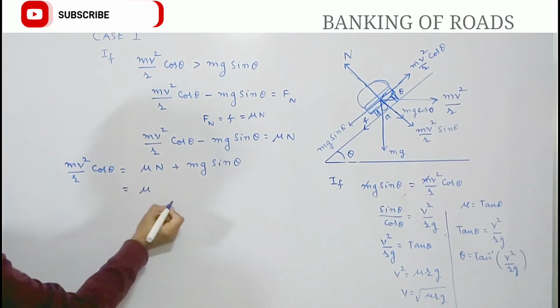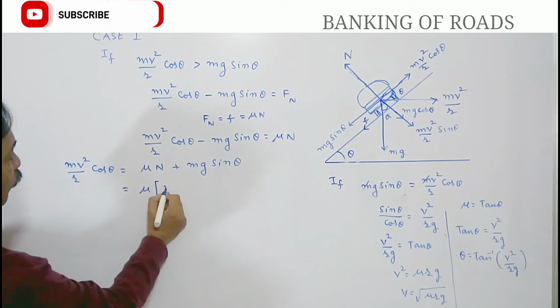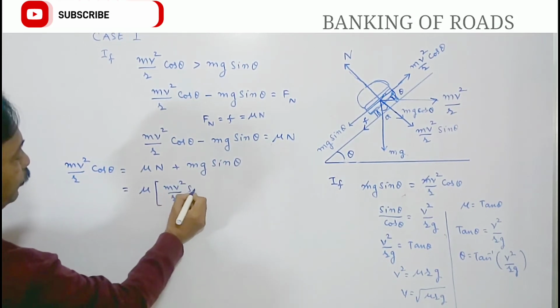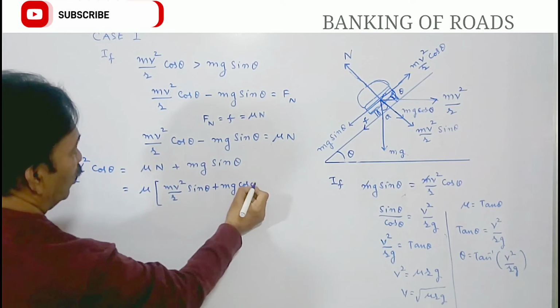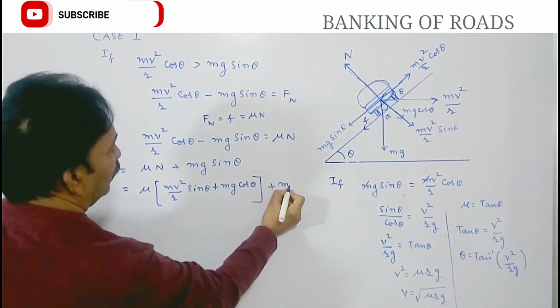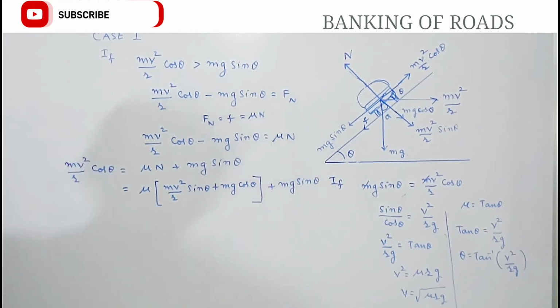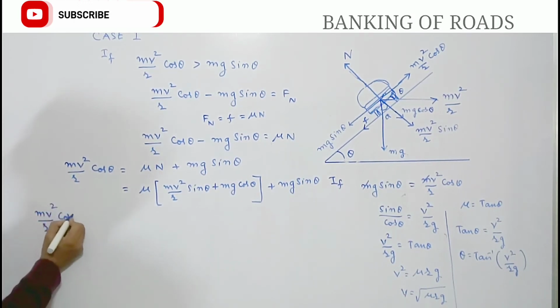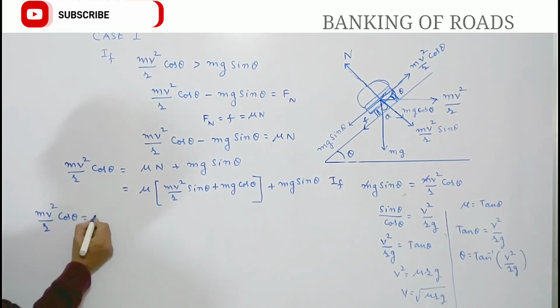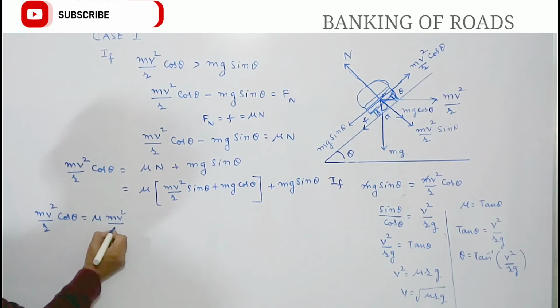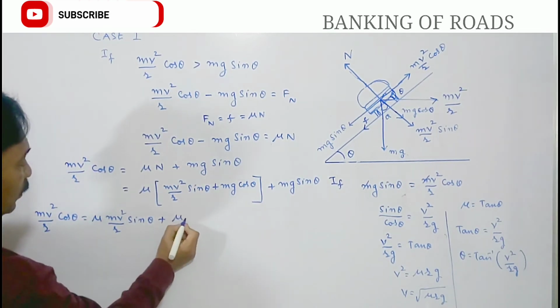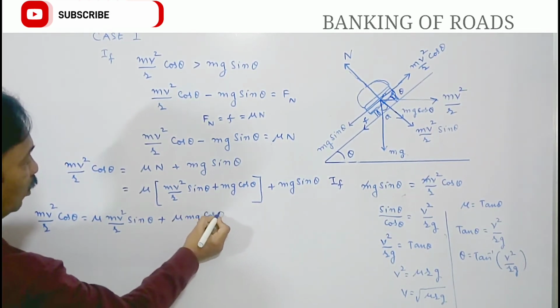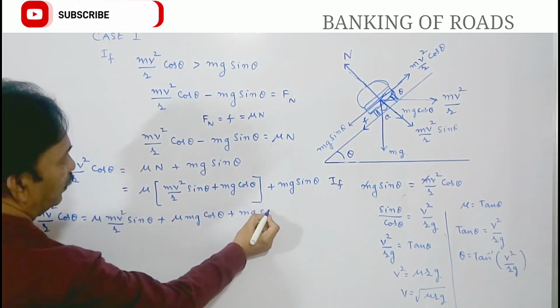It can be written as mu of N plus mg cos theta plus mg sin theta, and also it can be written as mv square by r cos theta is equal to mu N plus mu mg cos theta plus mg sin theta.